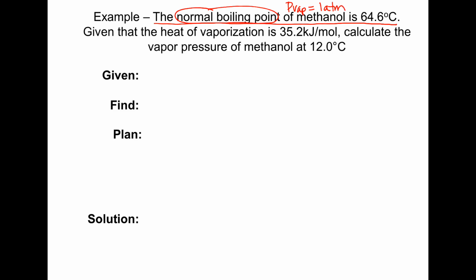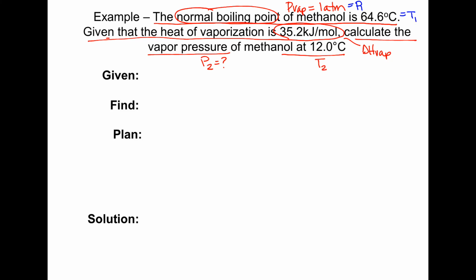So just in that statement there, we've already got our first pressure and our first temperature. Now, the problem also says, given that the heat of vaporization is 35.2 kilojoules per mole, so that's the delta H of vaporization. Calculate the vapor pressure, so we're looking for our P2, of methanol at 12 degrees, so this is our T2.